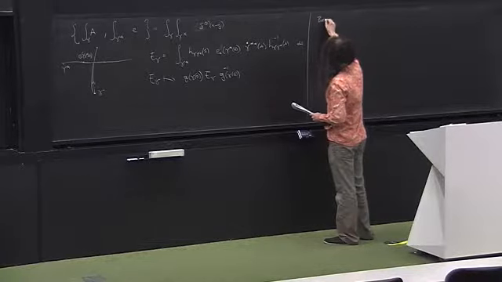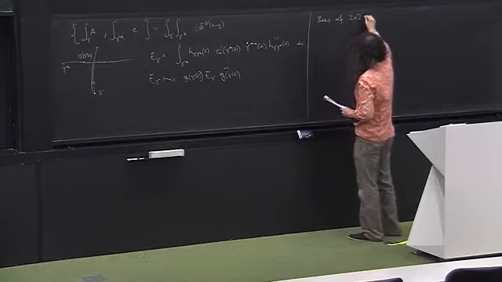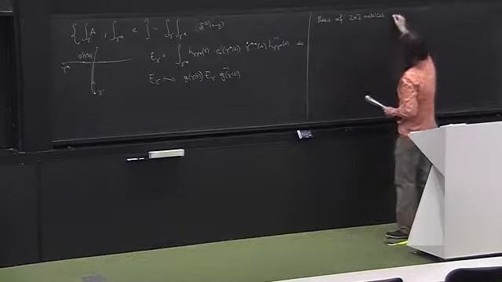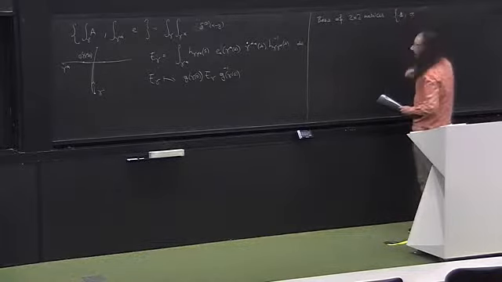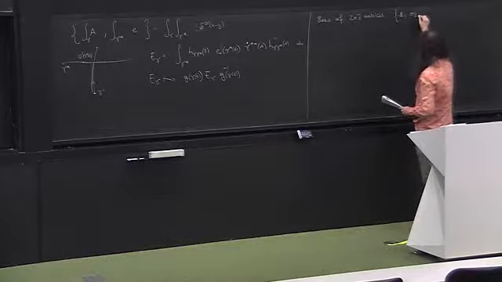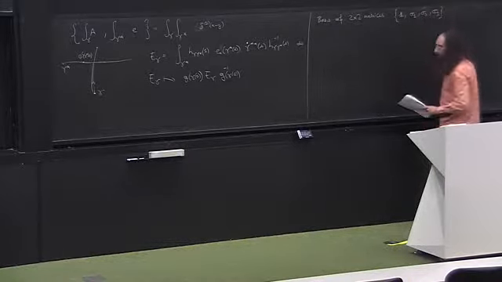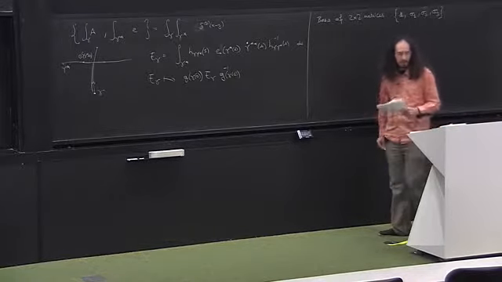So a basis of 2x2 matrices is provided by the identity and the Pauli matrices, sigma 1, sigma 2, sigma 3. Okay, that's the basis to expand any 2x2 matrix.